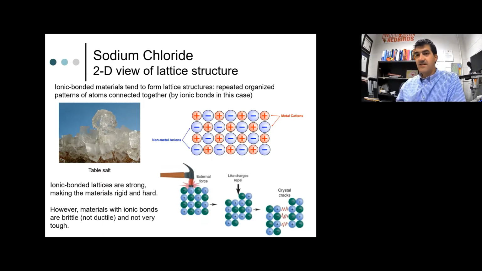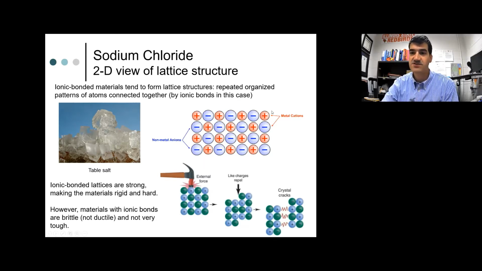In fact, next class is all about lattice structures. That's the second day of talking about materials science. So next time, we're going to talk a whole lot more about lattice structures because they're that important. All right, but this is just an overview, an intro today, and I'm going to tell you that lots and lots of ionic bonded structures tend to form lattice structures.